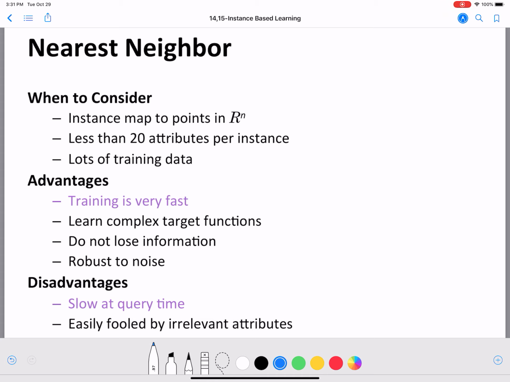But if you are using SVMs, for example, then we have to find a really complex function which can map our data points to that high dimensional feature space to be able to do such a complex functional form. And that's really where KNNs shine, because you don't need that functional form, but you can still do complex target functions. And they don't lose information.